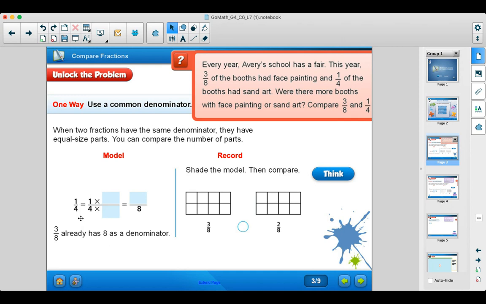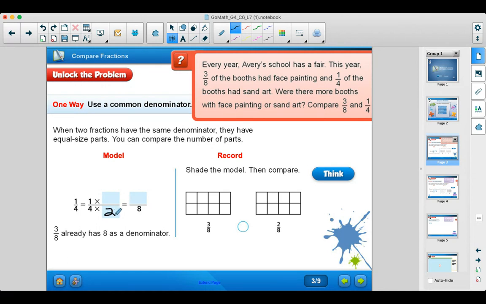Well, we have to decide which of these fractions we are going to change the denominator. The best one is to change the fourths because we know 8 is a multiple of 4. So we know that 4 times 2 is 8.